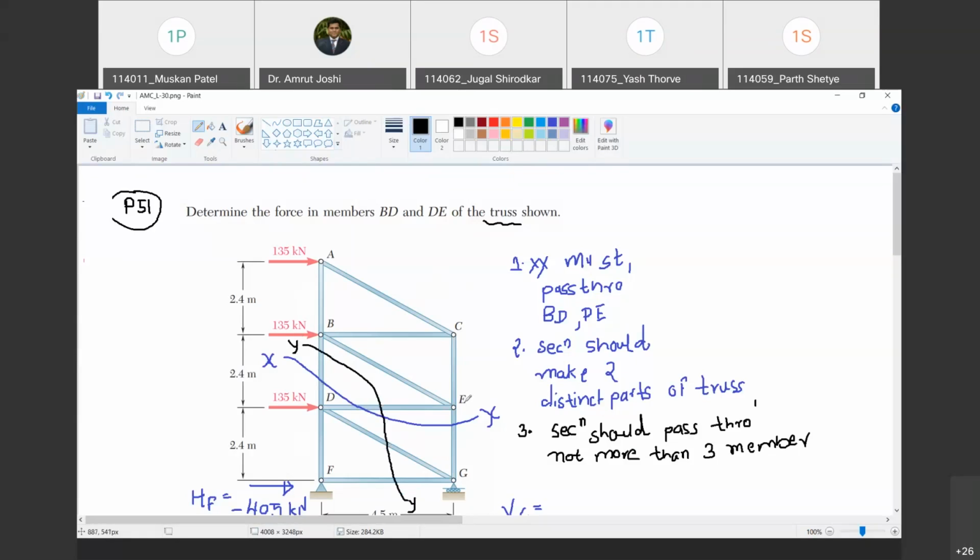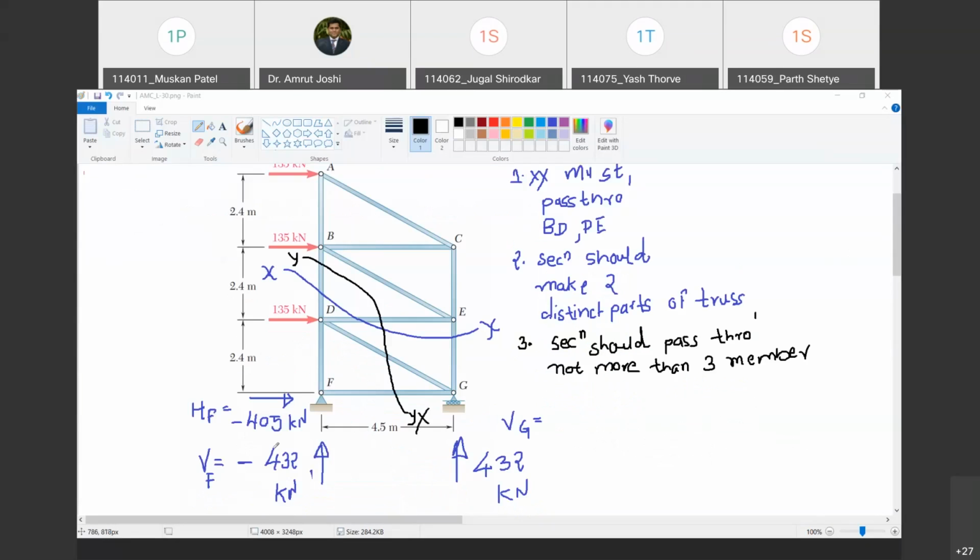Yes, but it also passes through 2 other members, DG and FG. Are you with me? Yes, sir. It divides, no doubt, the truss into 2 halves which are not connected apart from the cut members, but still this section is invalid. Why is it invalid? Because it violates the third condition. Are you with me? Yes, sir. So this section cannot be taken. I hope you have understood what I am trying to say. Now, once we have chosen such a section XX, what should we do next?